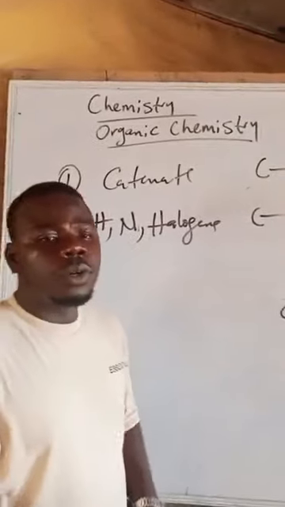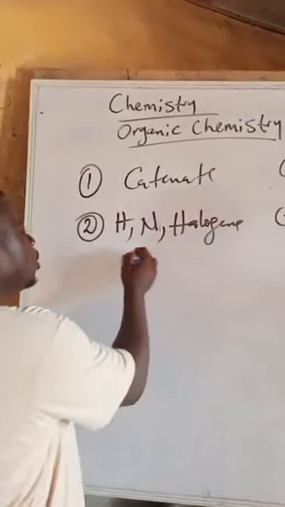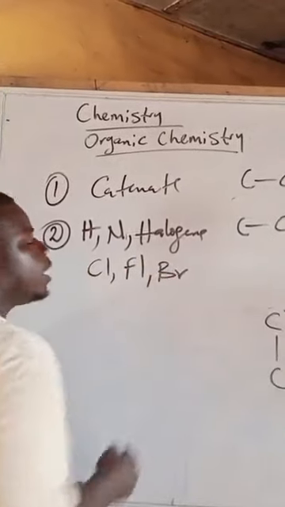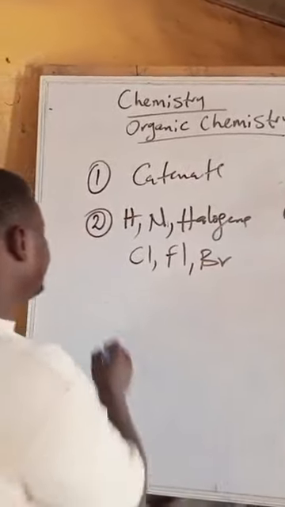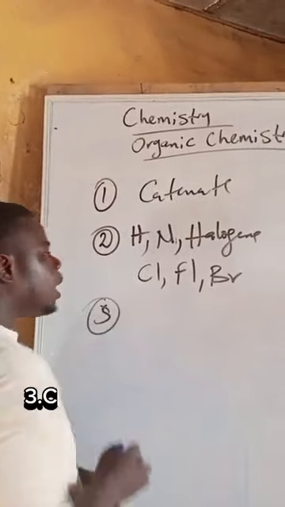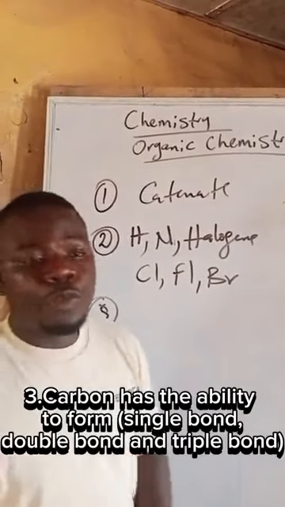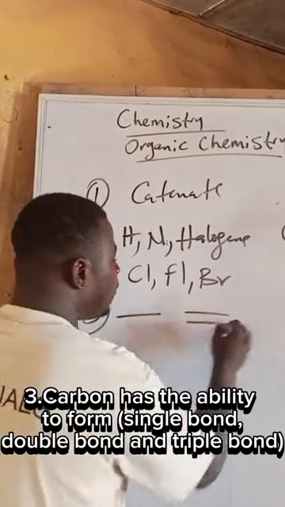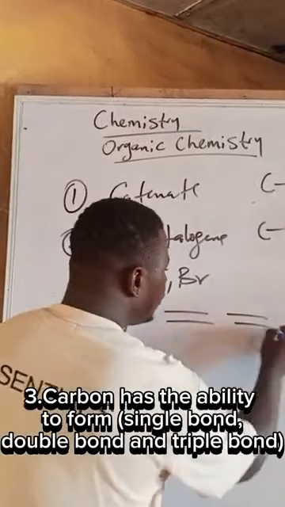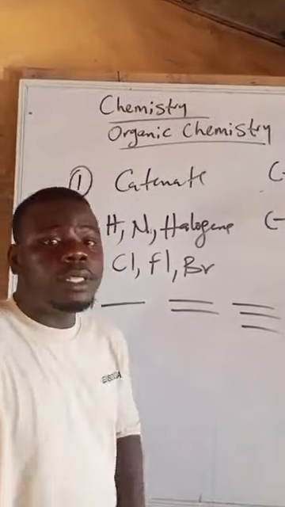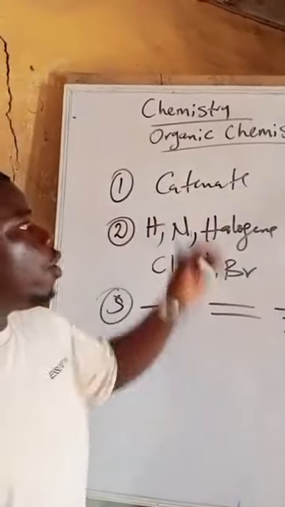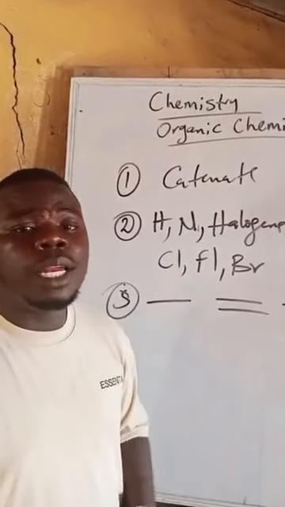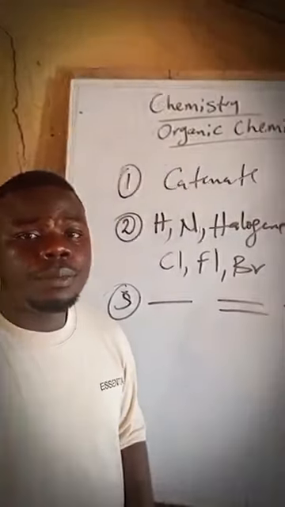When we talk about all the halogens, we are talking about chlorine, fluorine, bromine, etc. Then number three, carbon has the ability to form either a single bond, double bond, or triple bond. These three characteristics of carbon are why it is regarded as a major element in organic chemistry.